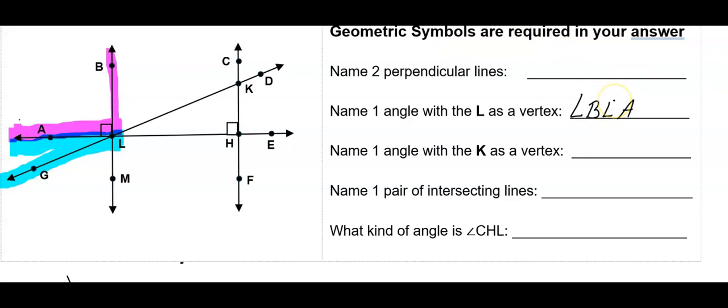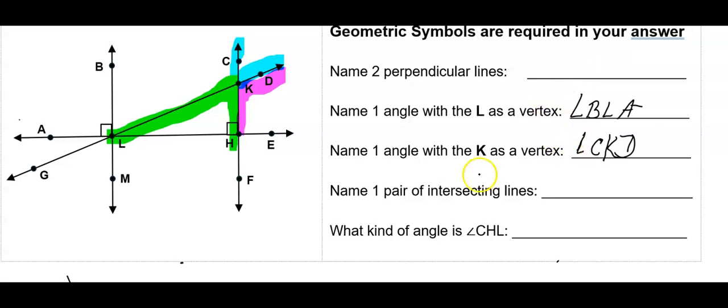It doesn't matter as long as the L is written in the middle. Or you could select the one in blue, which is ALG or GLA. You can see the one angle with a vertex at the center point K. You could pick CKD, DKH, or even LKH. There are 3 different options. Just make sure the K is written in the middle.